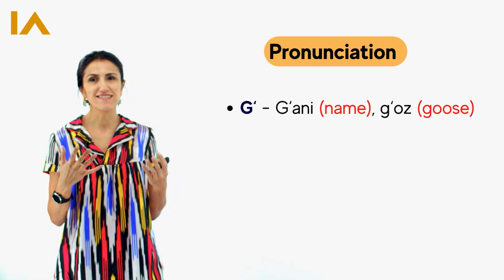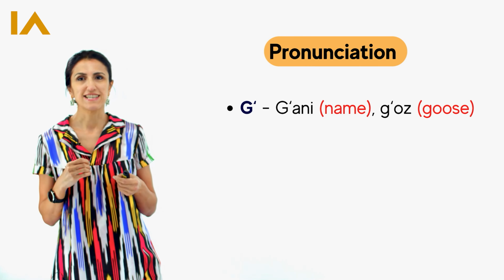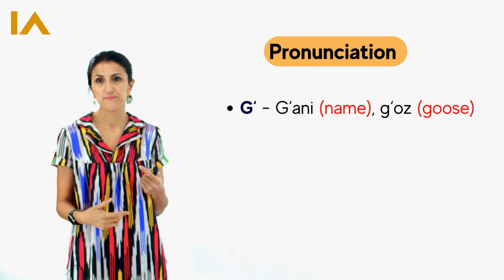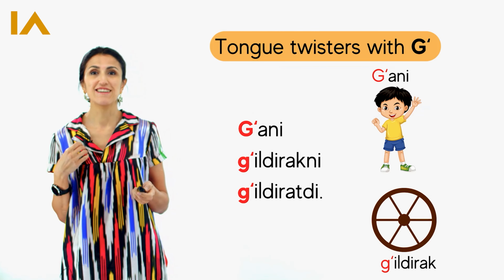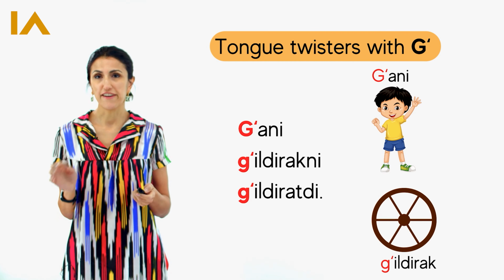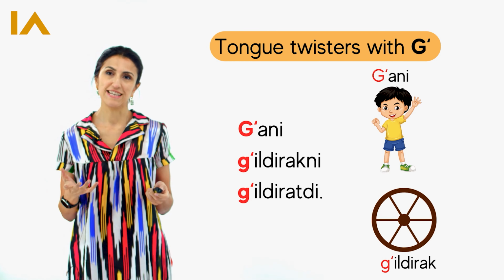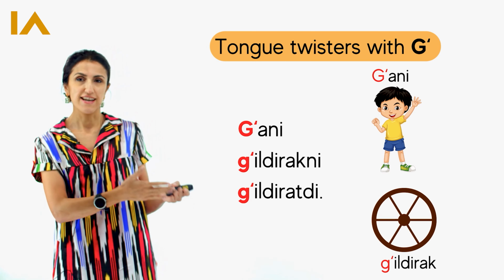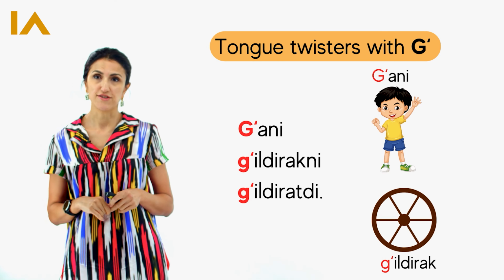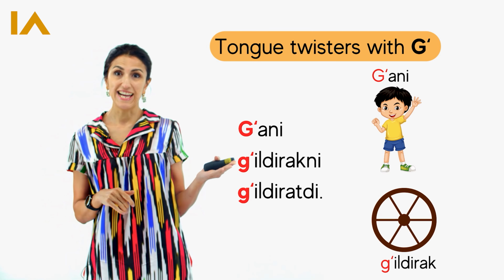Okay, this may sound very funny, but in order to practice the sound, you could learn a tongue twister. This is very common and easy way to pronounce the sound. And I decided to show you a very popular tongue twister about Rane.